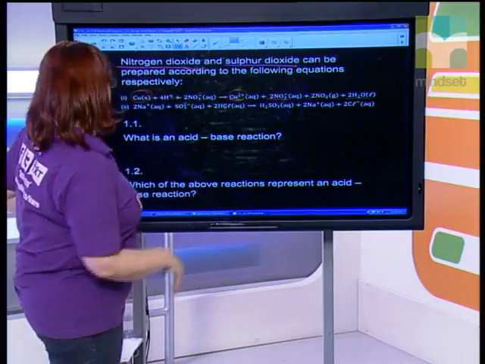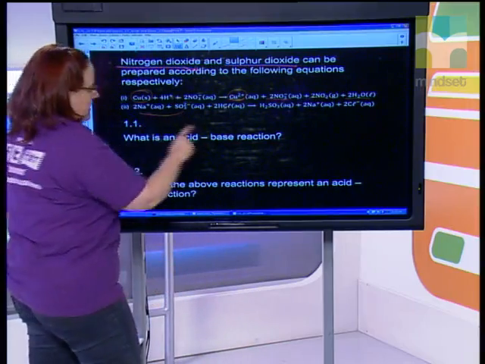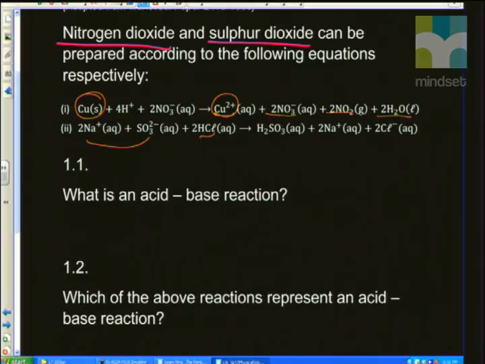Let's check for number 2. Sodium sulfite, that's the salt, and hydrochloric acid. We don't know the general one for this, but let's see what happens. Now, watch what you see here. This is H+ and Cl-. Watch what happens. The Na+ stays Na+. That's not a problem.